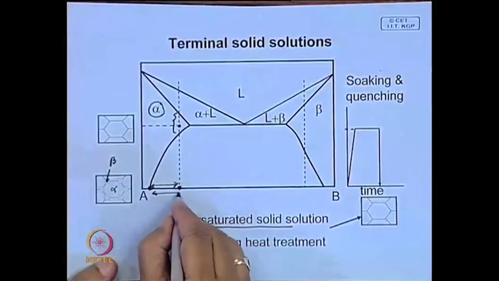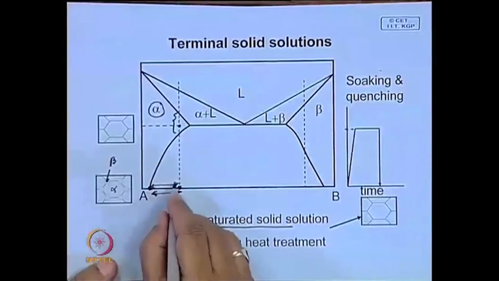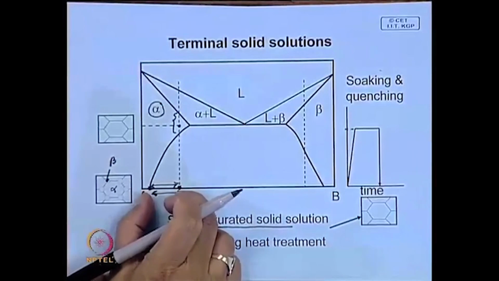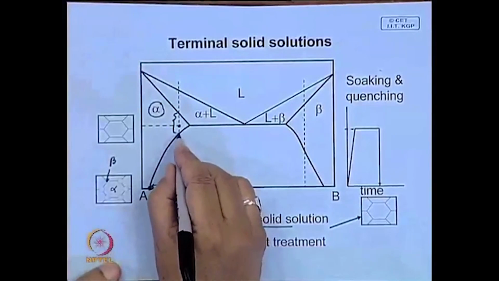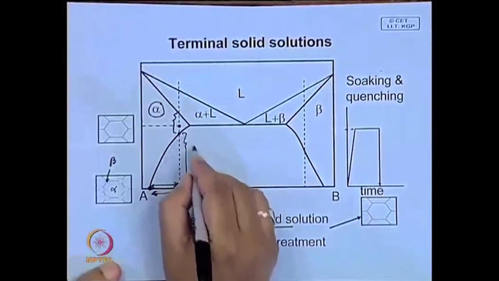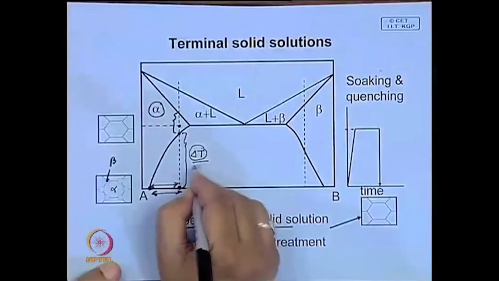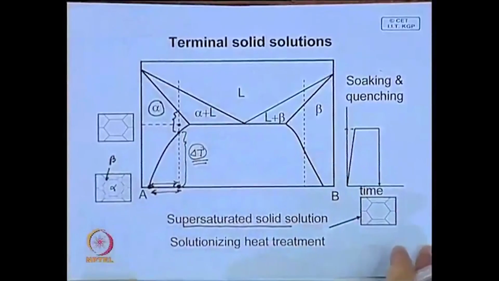So this is the excess solute atoms present in the solid solution. This is a measure of instability. The other way we can say is we have a supercooled system, and this is the temperature difference. So, this you can say is a measure of instability.